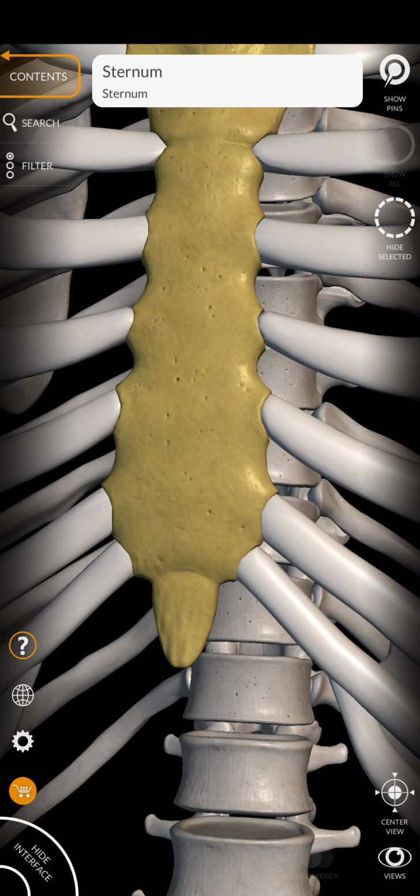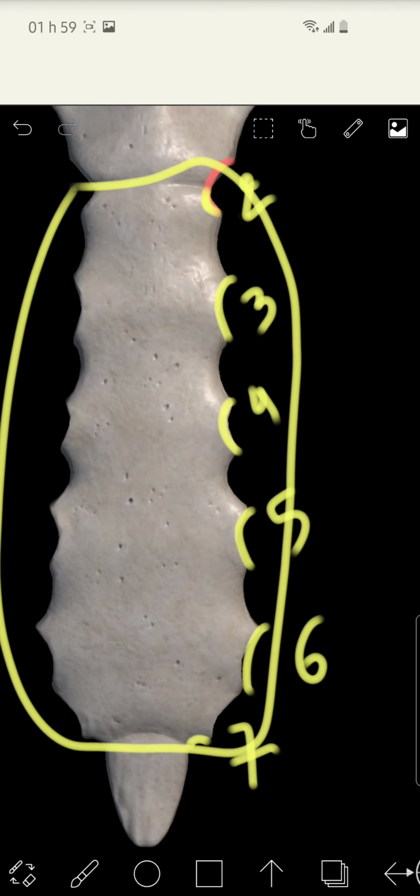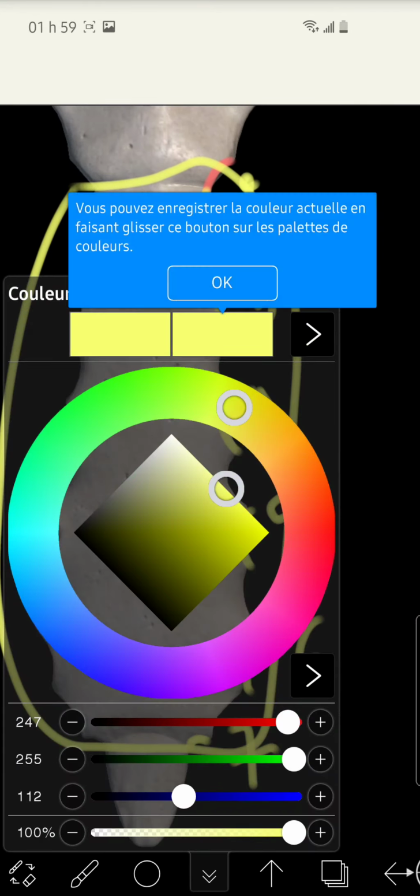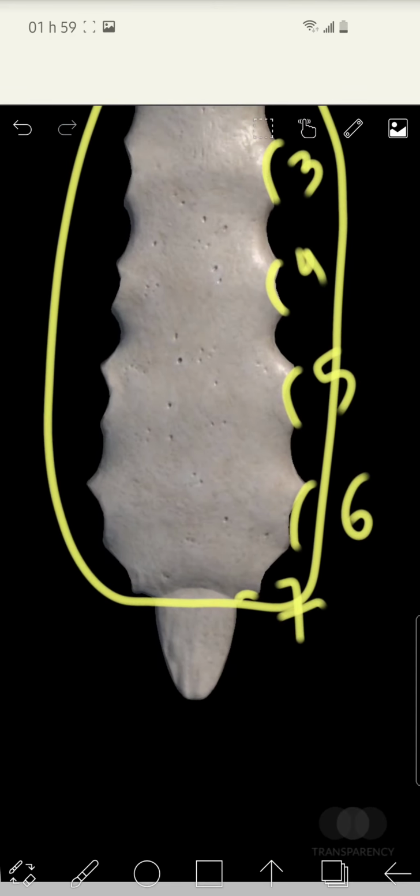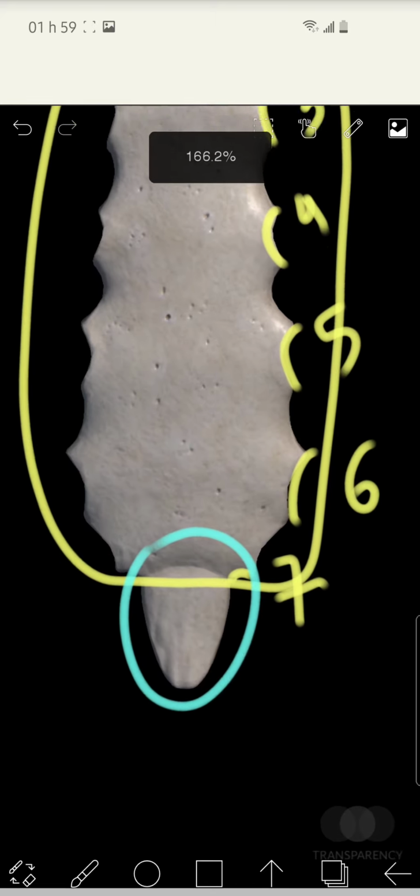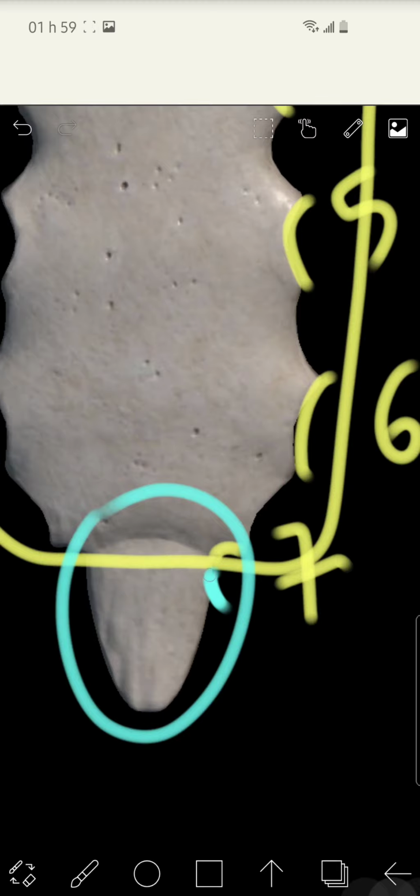Now let's go to the xiphoid process. I'm going to choose another color. Let's go with blue. So here is the xiphoid process. It's very small. There are many anatomical variations. It could have different shapes, and sometimes you can find the other demi notch for the seventh rib.